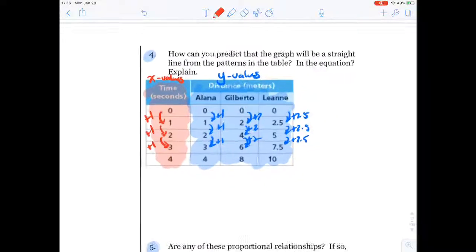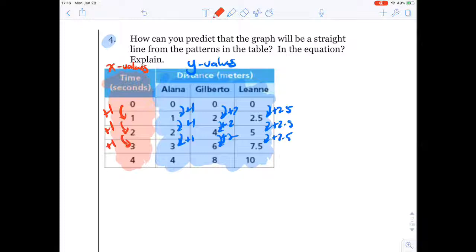Okay, so in a table, if the pattern is consistent, actually let's change that.